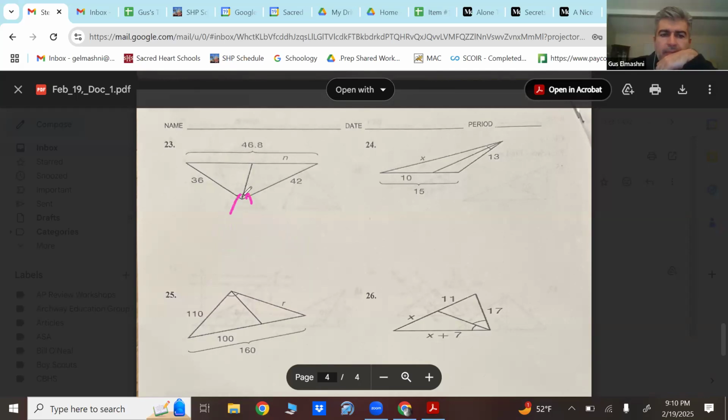Let's say these are each 20, or we'll say each of those are 50. That is here.